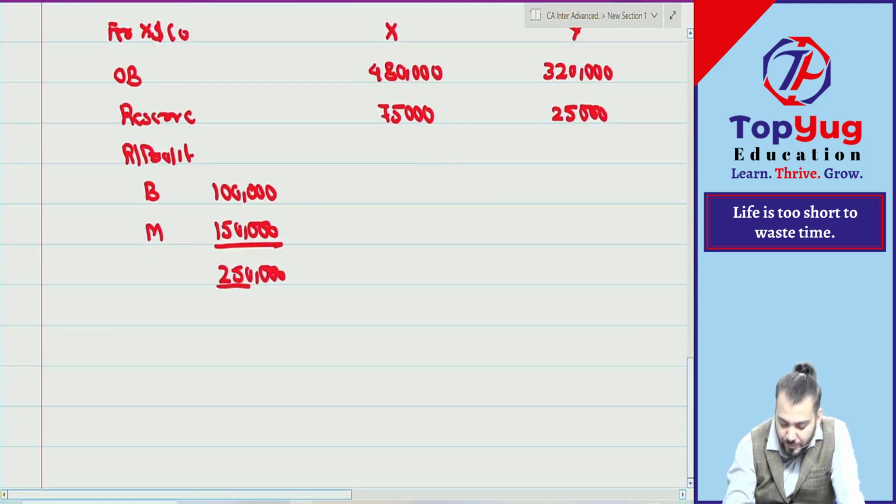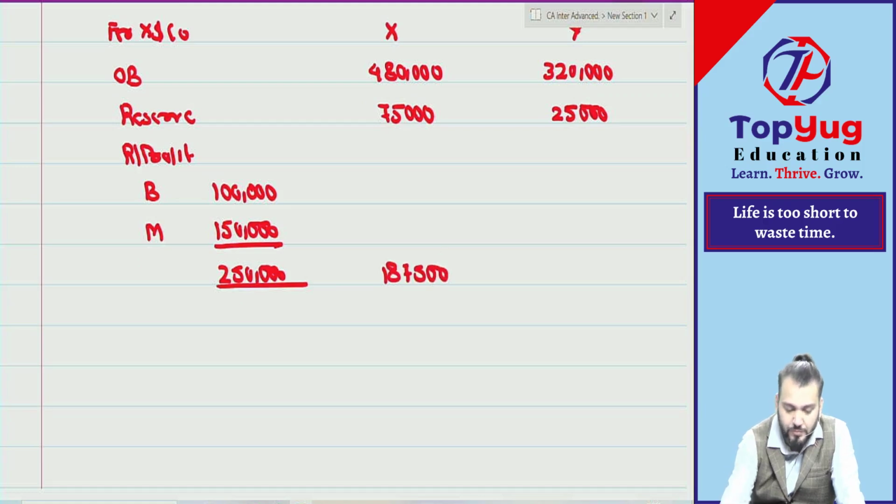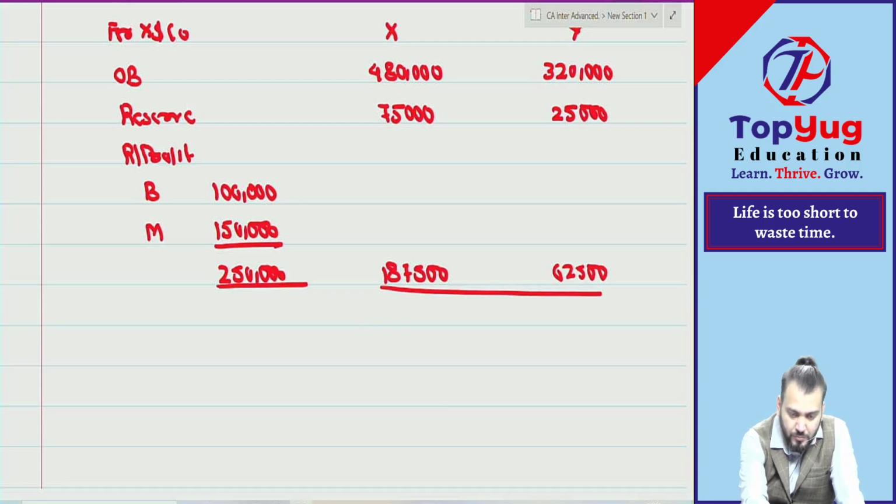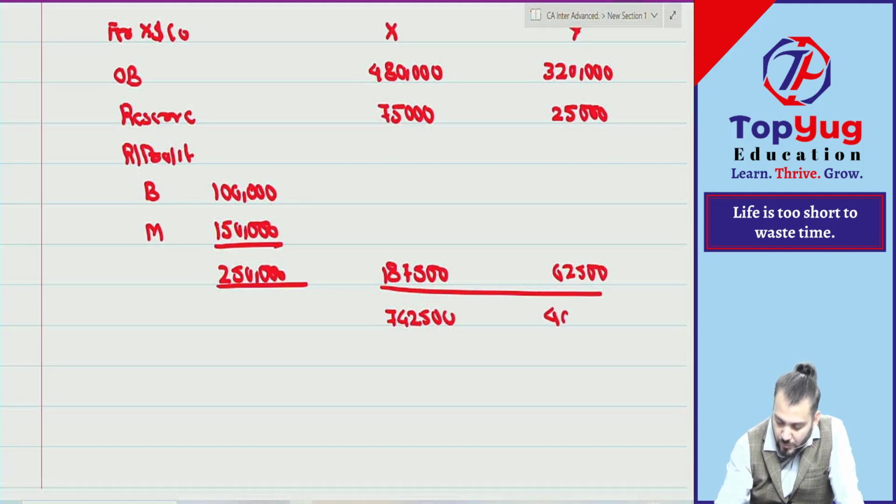Allocate: 1,87,500 and 62,500. So 7 lakh, and 4,07,500. Done.